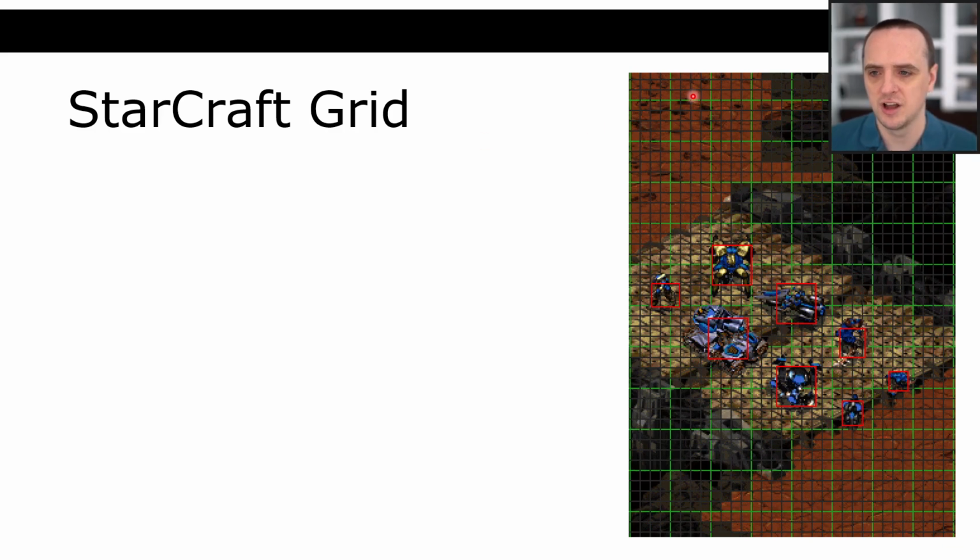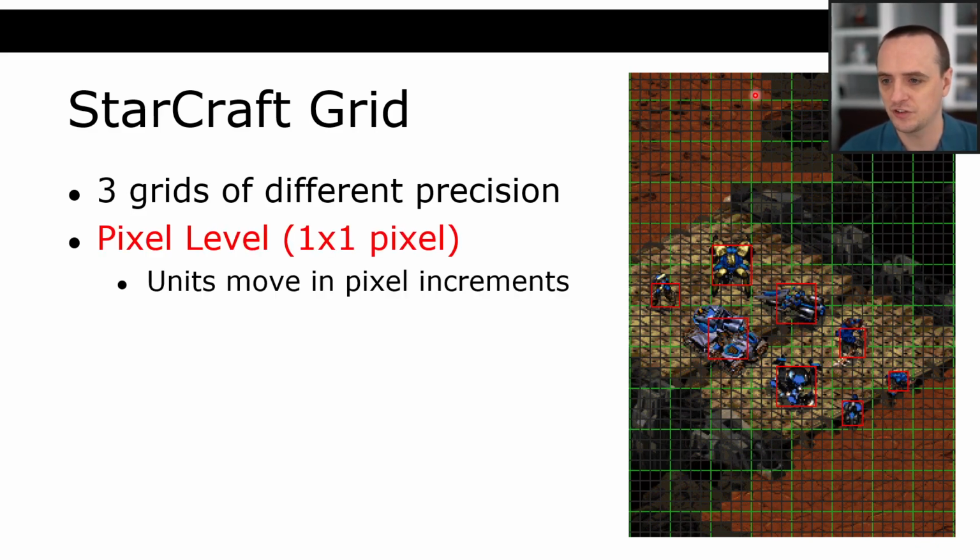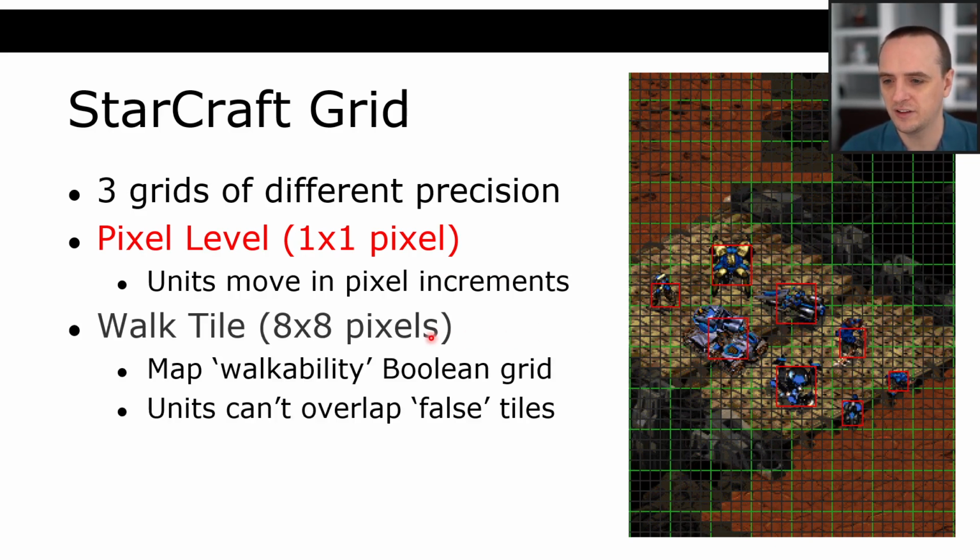So just as a little recap here, Starcraft has 3 different precisions for its grids. The first type is the pixel level resolution, which is just 1 by 1 pixel, and the units move in the game at that grid resolution of 1 by 1 pixel. Next, there's the walk tile, which is 8 by 8 pixels, and that's the gray grid over here.